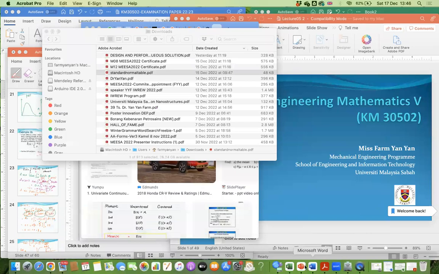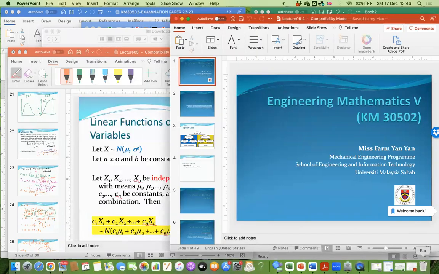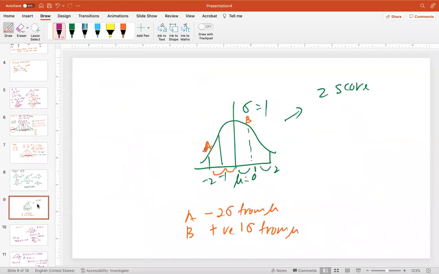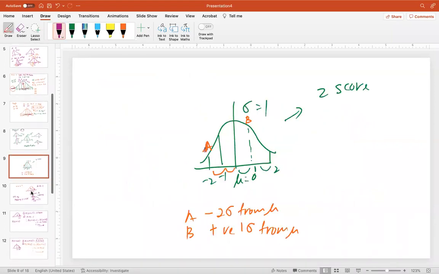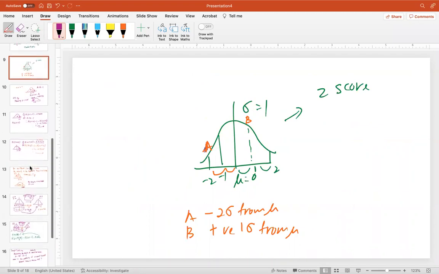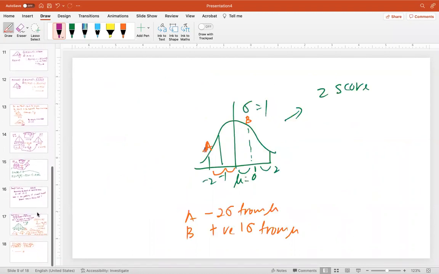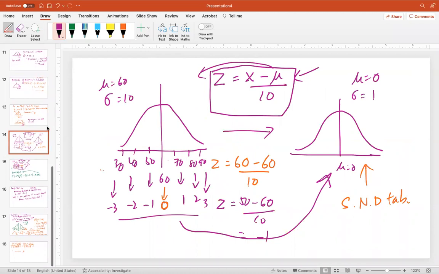Next, go back to our slide. Okay, where are we now? So your question might be, how did this happen? How can we convert from normal distribution to standard normal distribution, and how can we use standard normal distribution to find back our actual mean and standard deviation?